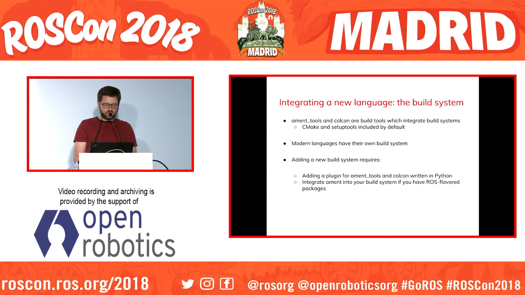So the build system. Catkin and Ament tools are build tools that integrate build systems. They both come with support for CMake and setuptools for Python, but they can be extended to include more build systems. That's yet another advantage for ROS2. Java has Gradle and Maven, Ruby has Rake, Rust has Cargo, and so on.